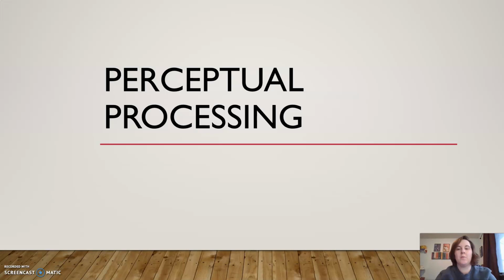So we've talked about things like schemas, right? And how that's like the filter we see our world through, and we have schemas for certain things, like what a cloud looks like, or a schema for a bird, basically geared by our understandings or our experiences in the world. And then we mentioned perceptual sets, which we're going to talk about more here.